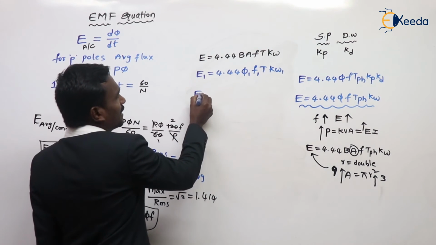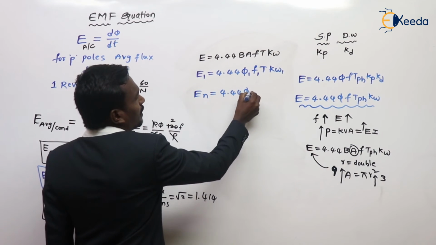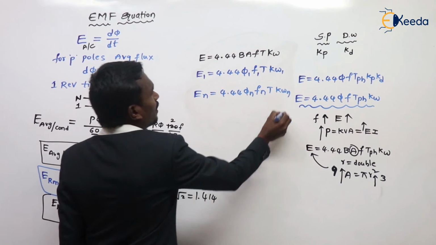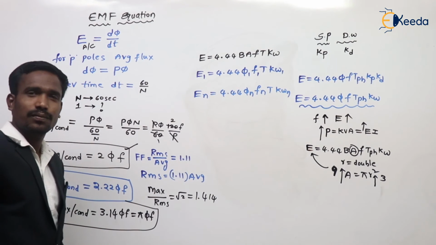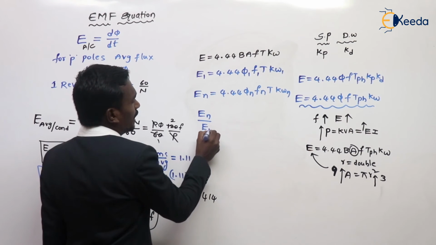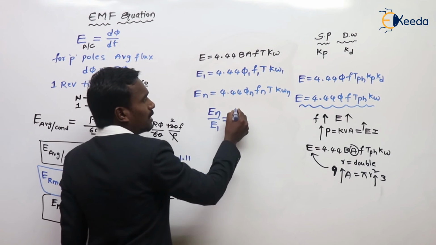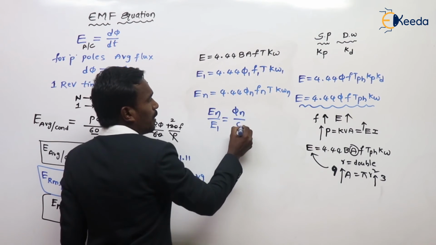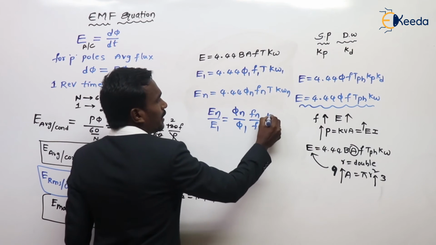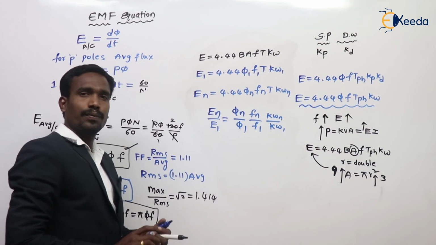And En is equal to the nth harmonic component phi n, Fn, T and the nth harmonic component Kwn. I want En by E1. So what is the answer? These two get cancelled, right? So phi n upon phi 1, Fn upon F1, Kwn upon Kw1.